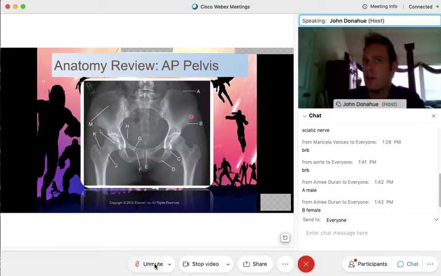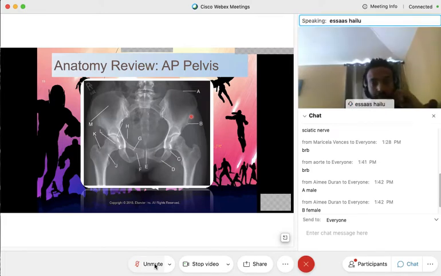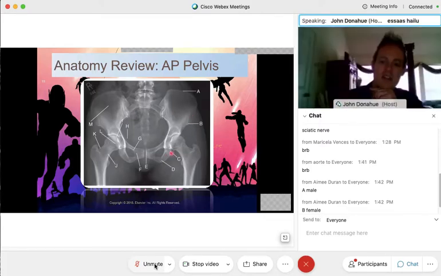Because for this area, we only have a body. Pubis, body of the pubis. It's going to be the area closest to that acetabulum right there. Body of the pubis.